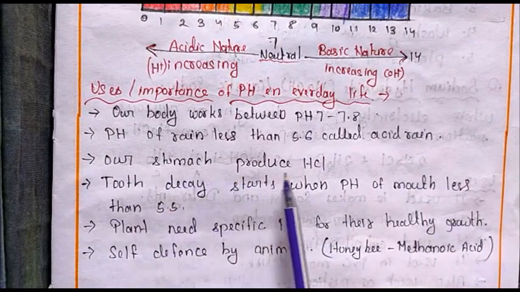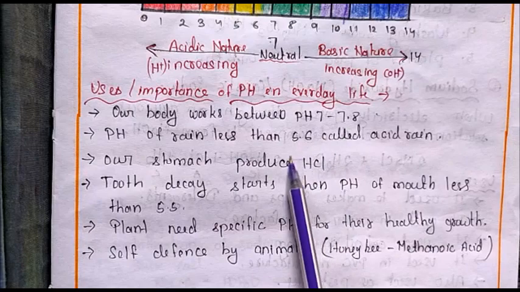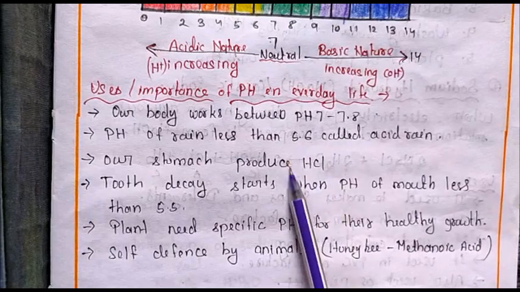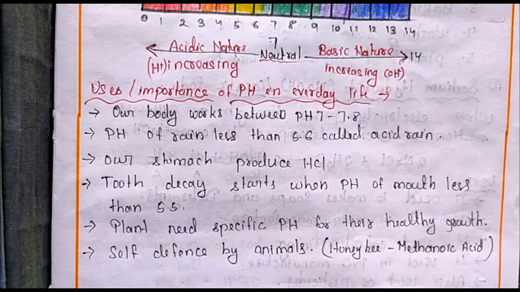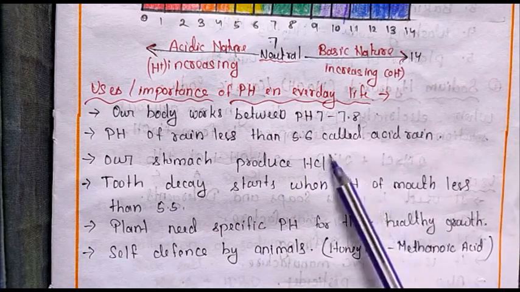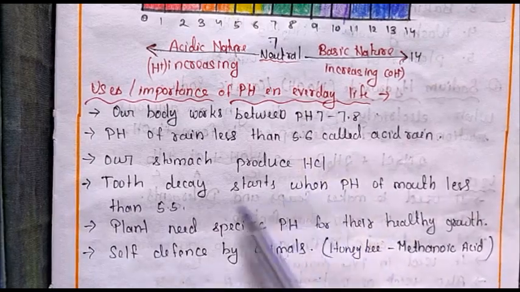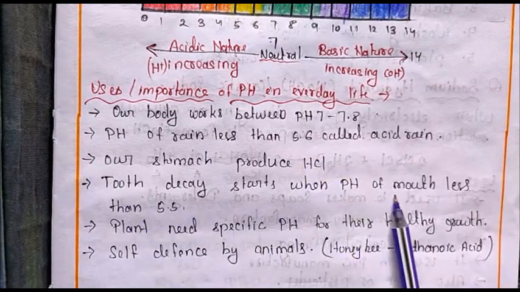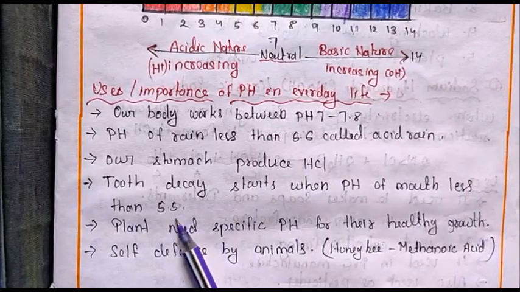Our stomach produces HCl, which is an acid. We read in biology that it kills bacteria which enter through food. So in our stomach it is also an acidic medium. Tooth decay starts when pH of mouth is less than 5.5.